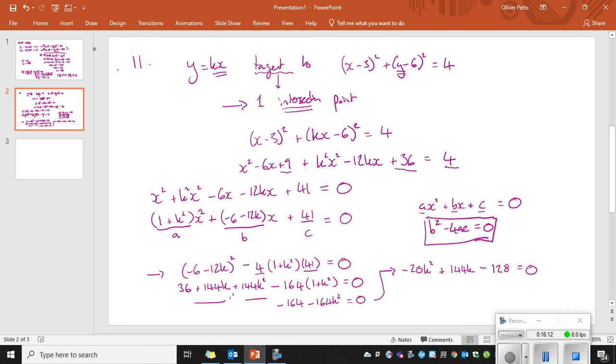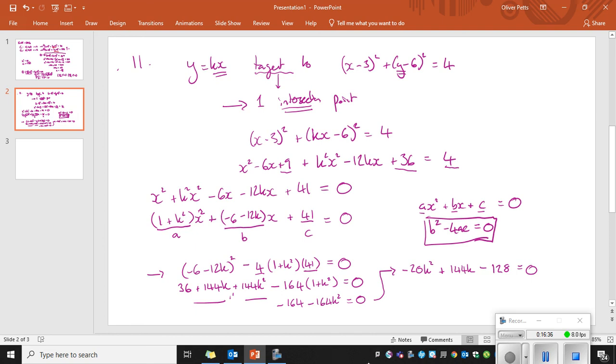So after all this, we are looking to work out values for k. I've now got a quadratic in k. You could put this straight into your quadratic formula, or you could play around with it a little bit more. But given that it's all calculator based, it's worth probably just going straight for your quadratic formula. And hopefully it should end up with the correct answers in the end.